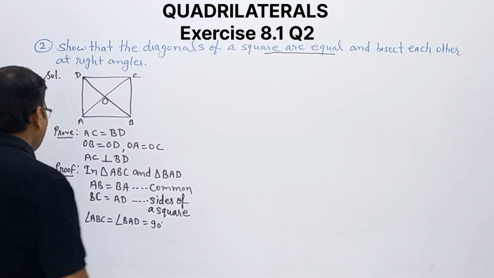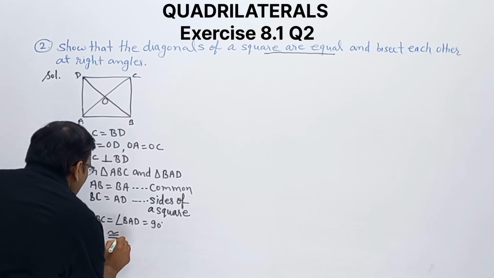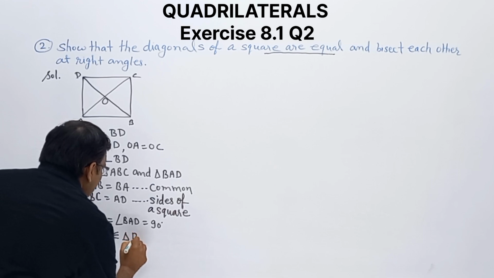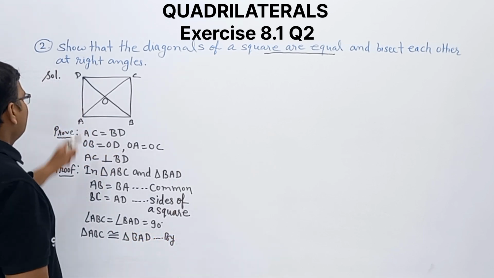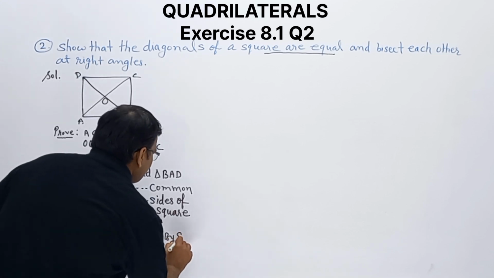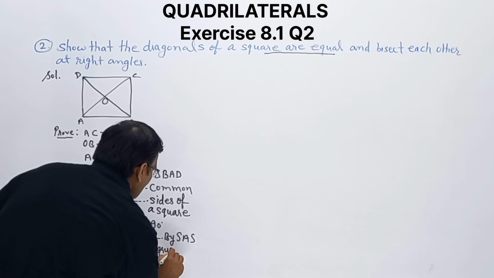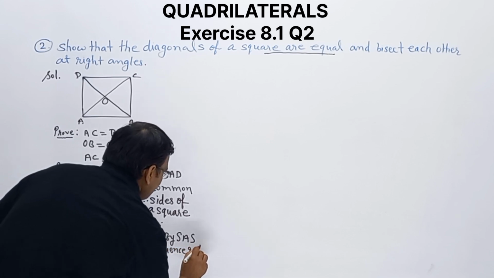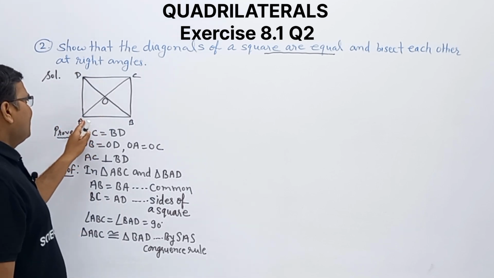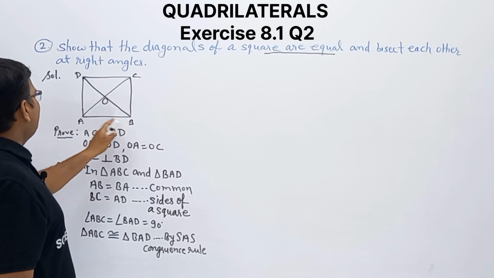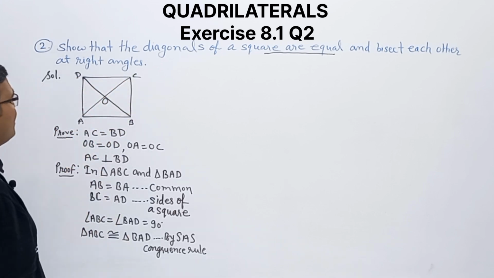So from these three things we can say triangle ABC is congruent to triangle BAD by side angle side congruence rule. By the side angle side congruence rule, we can say these two triangles ABC and BAD are congruent.